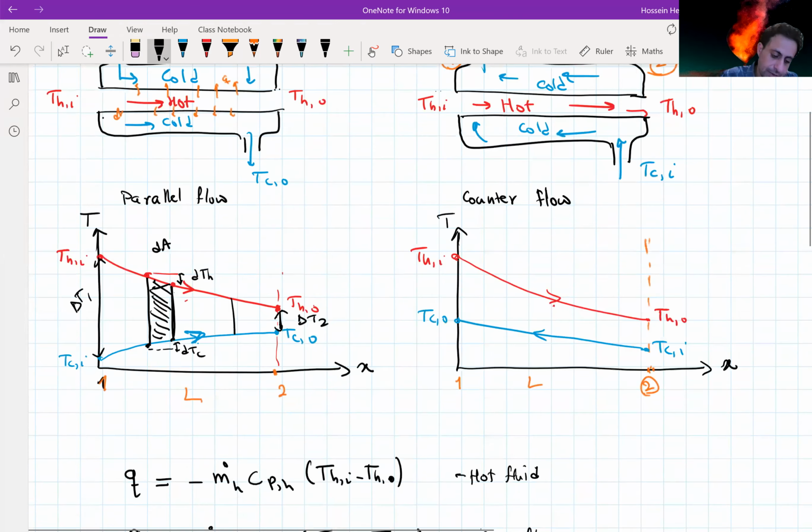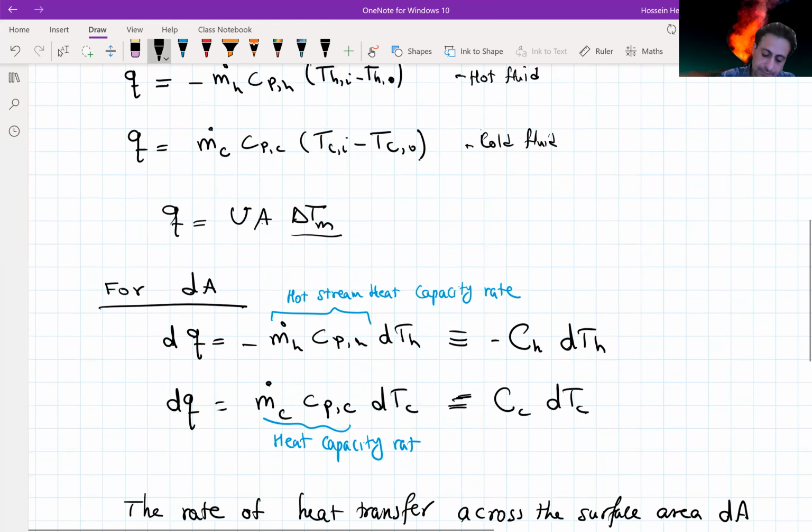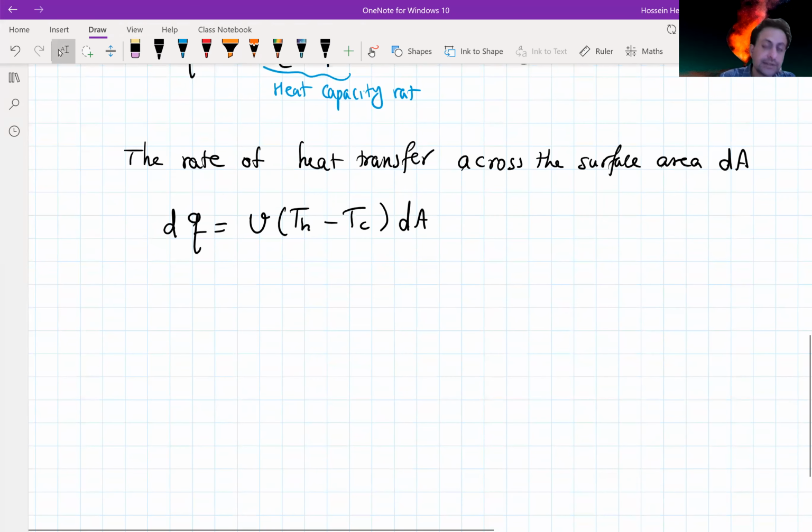Remember, I'm assuming that this is a very small element, so I can put an average value for Th and Tc here.